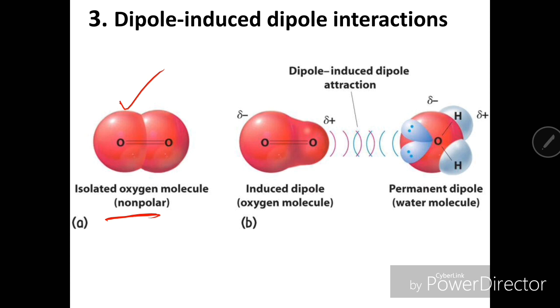Now the positive end of the induced dipole and the negative end of the permanent dipole interact with each other through a weak electrostatic attraction, that is dipole-induced dipole interaction.